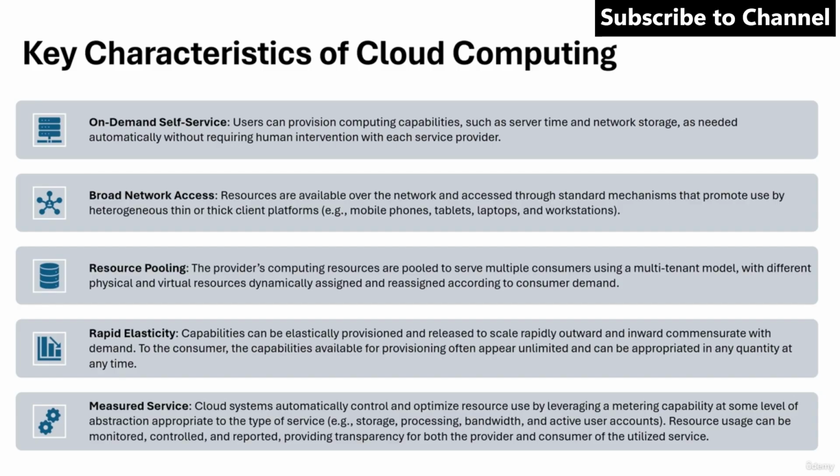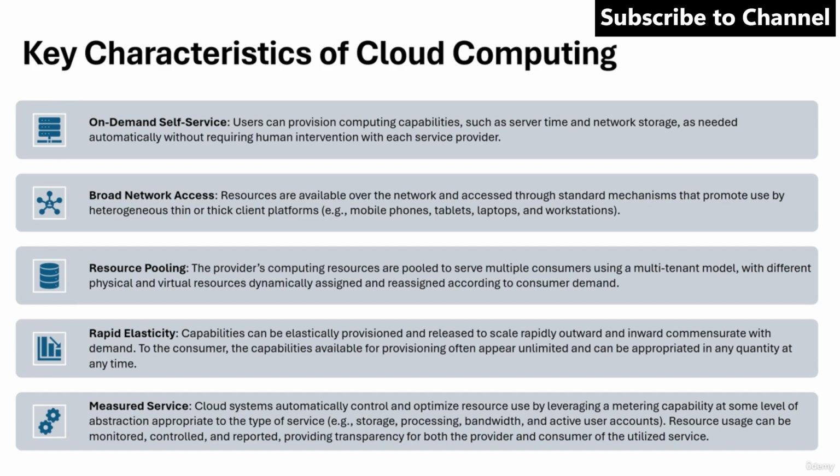So server time and network storage are some of the services or hardware resources which you access depending on your demand, without human intervention. You will be allocated your specific server time or network time on a demand basis. So this is what you call on-demand self-service.